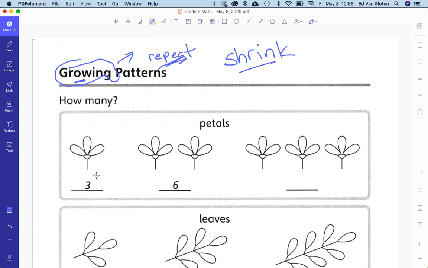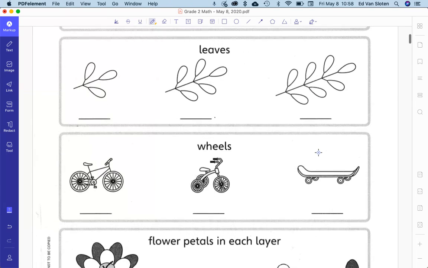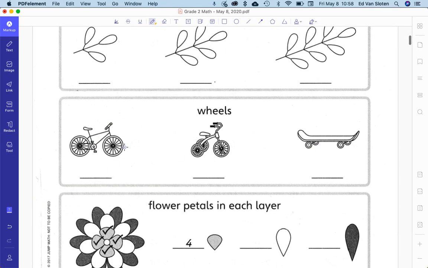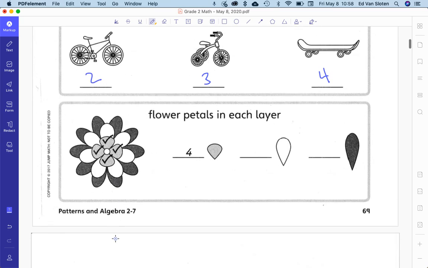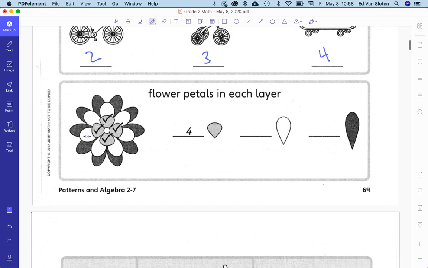Guys, we've been doing a lot of work with numbers, and you guys are getting pretty good at this. So 3, 6, yeah, 9. I'm not going to go through every question, but 2, 3, 4 wheels. This one I liked. I had to count like 1, 2, 3, 4, 5, 6, 7.